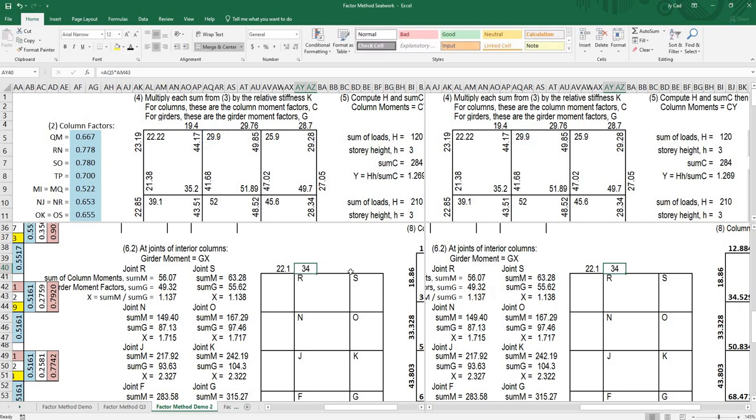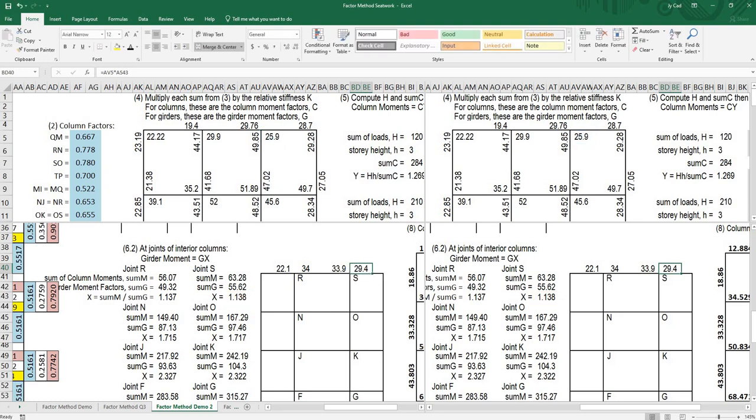Tapos dito naman sa node S, this is equal to 29.76 multiplied by 1.138. Yan, okay? And then, dito naman sa ST, that is 25.9 times 1.138. Yan.